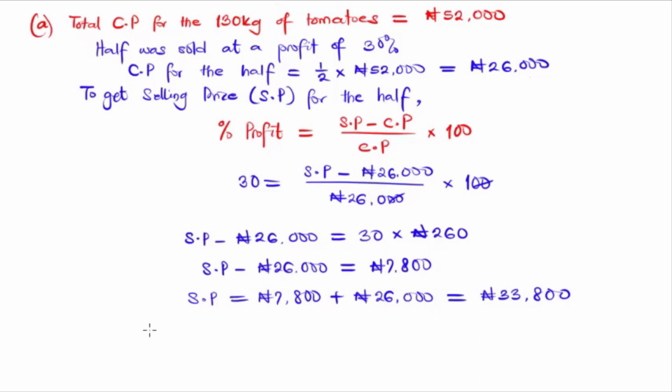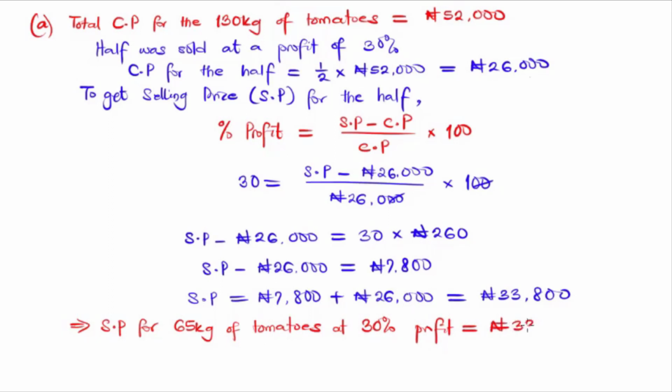Please, we need to be careful with this type of question because of the way the question is coming. This is implying that the selling price for that half, which is half of 130 kilograms, that's 65 kilograms of the tomatoes, at 30% profit is 33,800 naira.